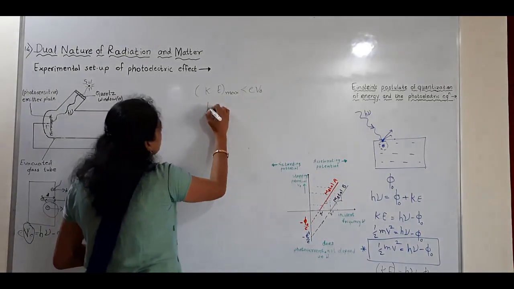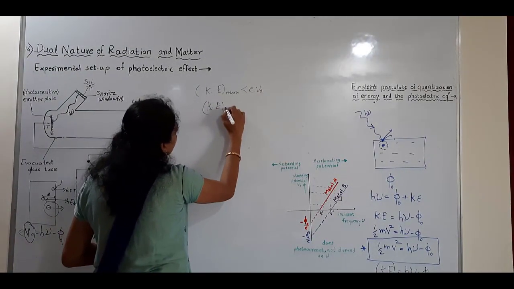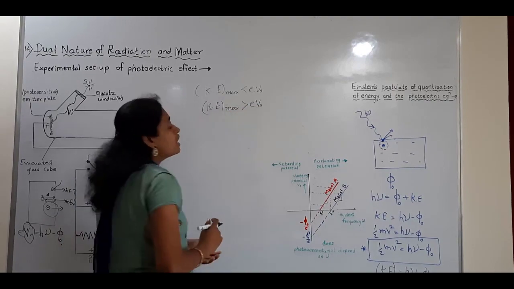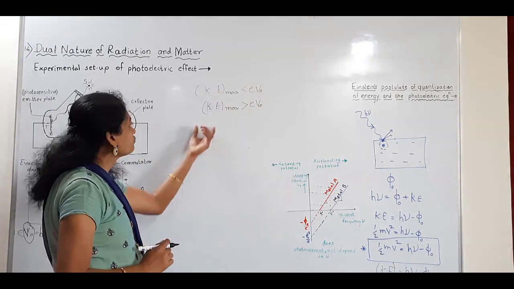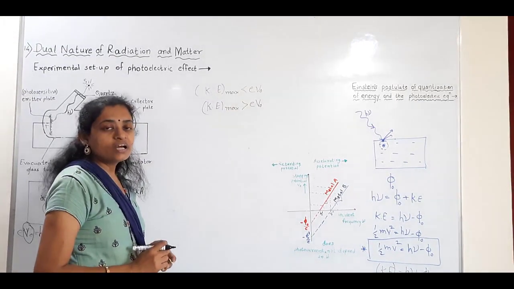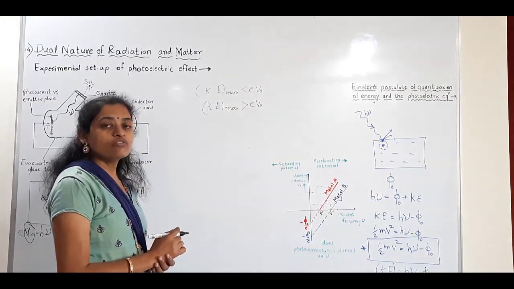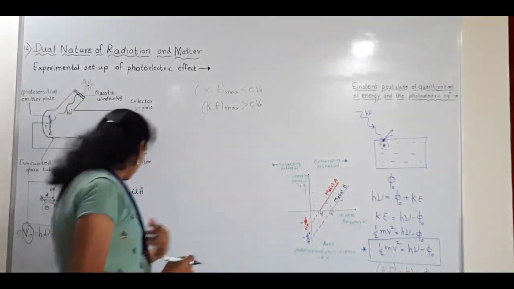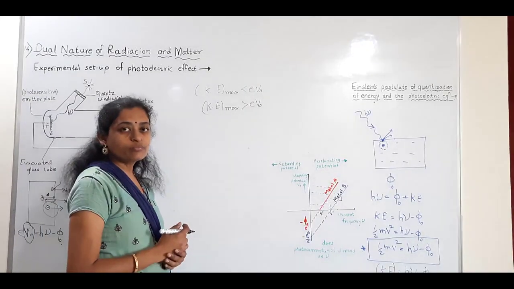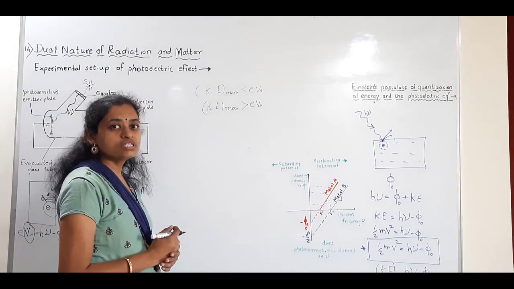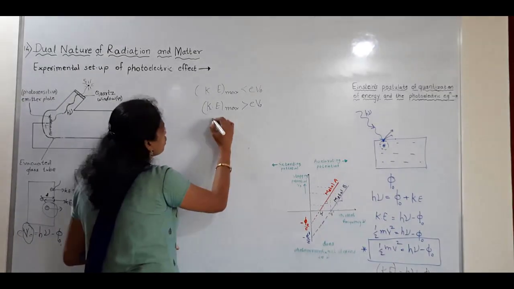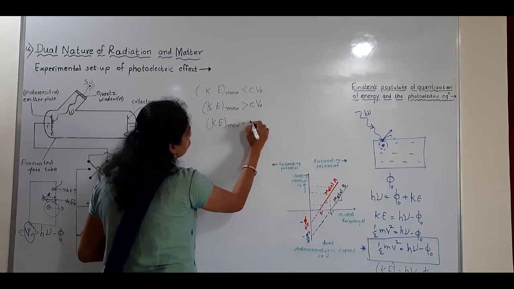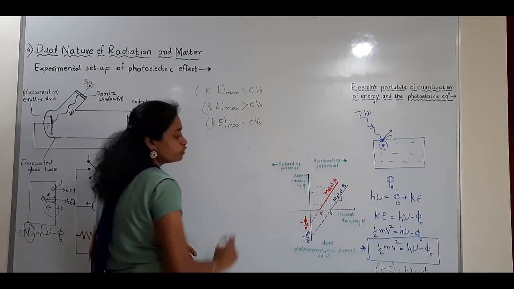And when the maximum kinetic energy is greater than eV0, electrons reach the collector and constitute photoelectric current. At the stopping potential, the photoelectric current is 0, and the maximum kinetic energy is equal to eV0.